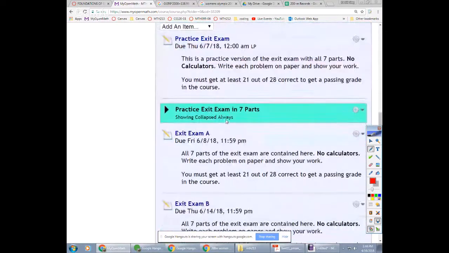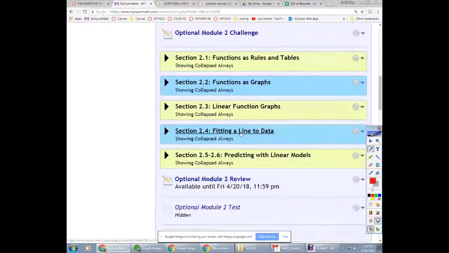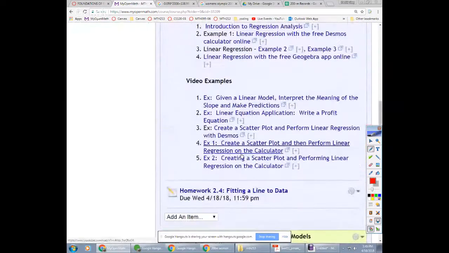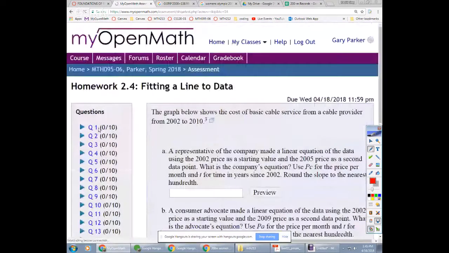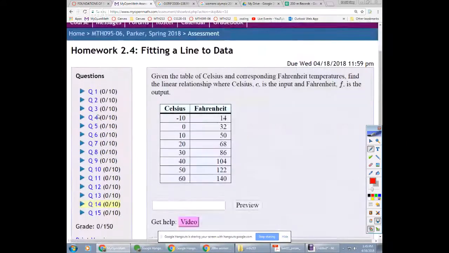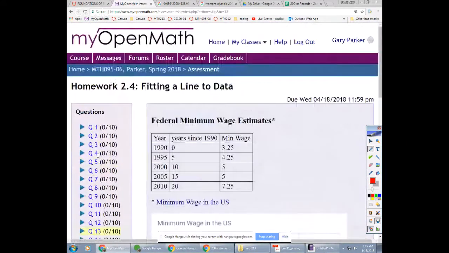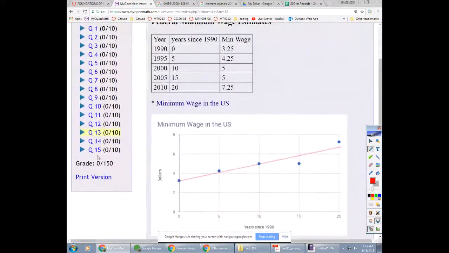Oh, actually, we'll try that one. Chapter 2. Lines. Ooh, that's a good one. Yeah, let's do this one right here. All right, minimum wage data.